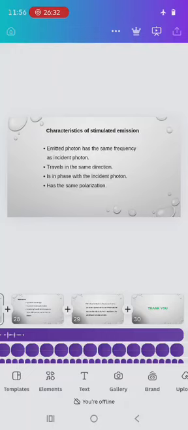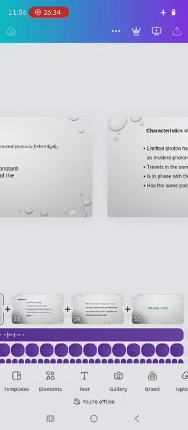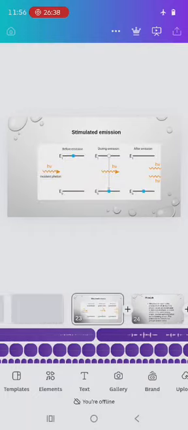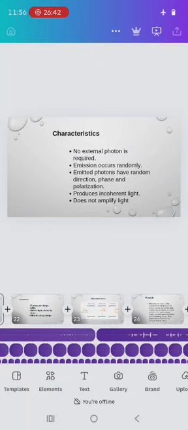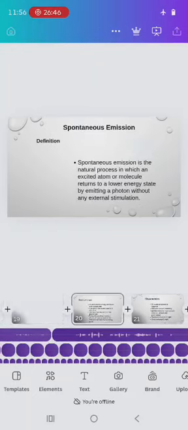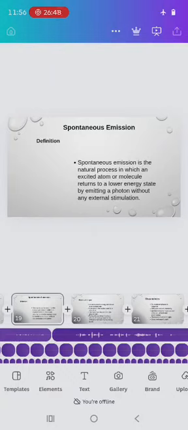These are the importance of stimulated emission. The laser explanation covers spontaneous emission, stimulated absorption, and stimulated emission.